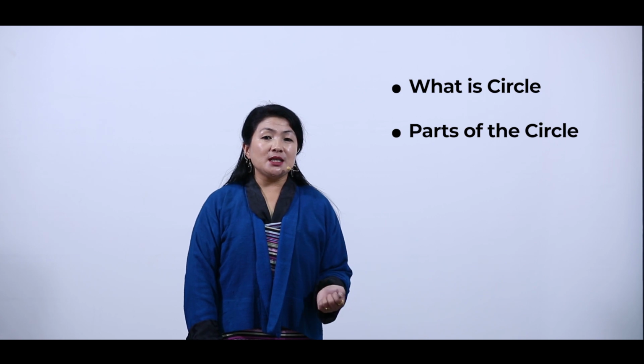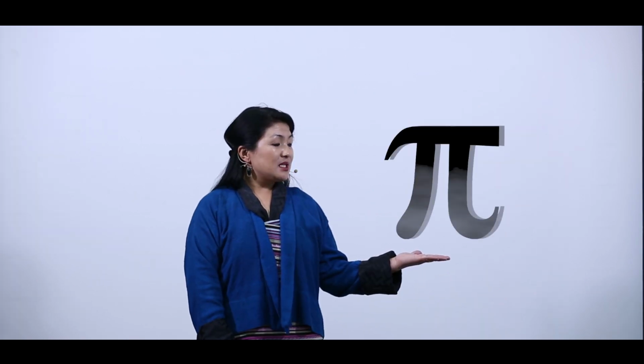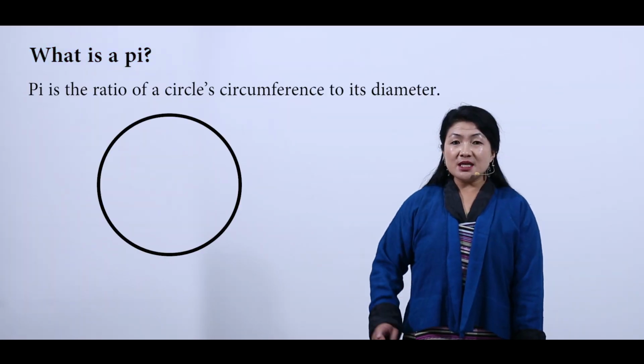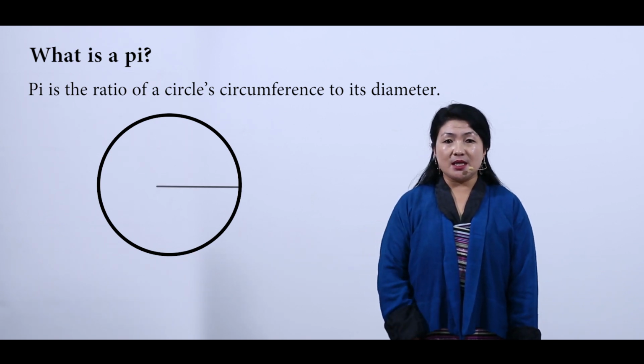Now we learned about what a circle is, and we learned about the parts of the circle, then we learned about what circumference is. Now we will look at pi. Pi is represented by this symbol. Let's see what pi really is. Pi is the ratio of a circle's circumference to the circle's diameter.